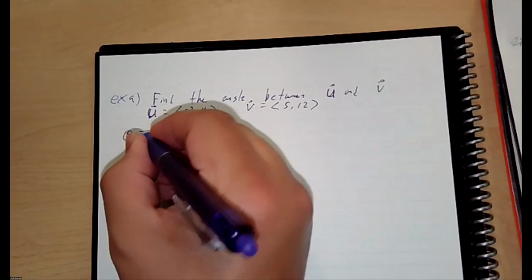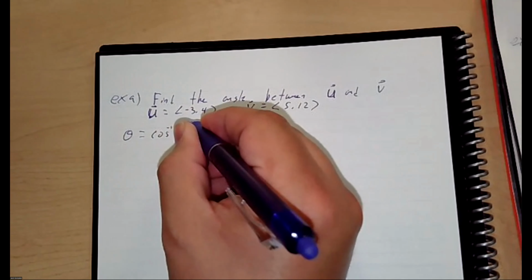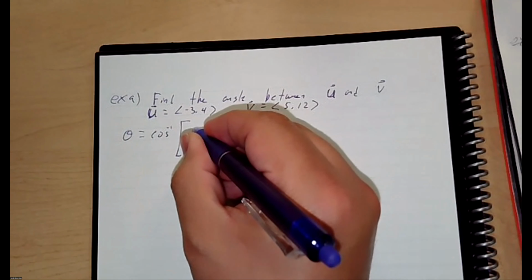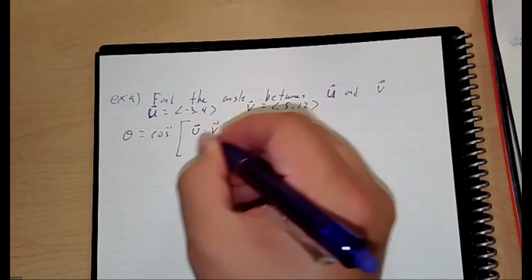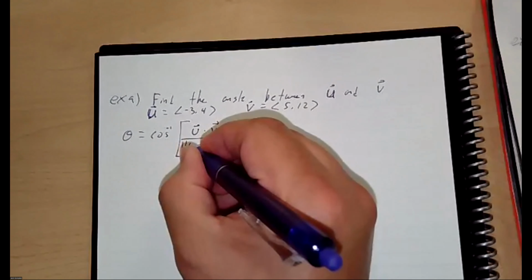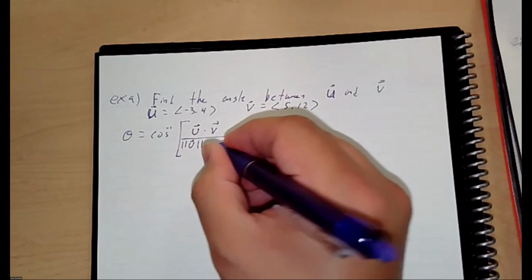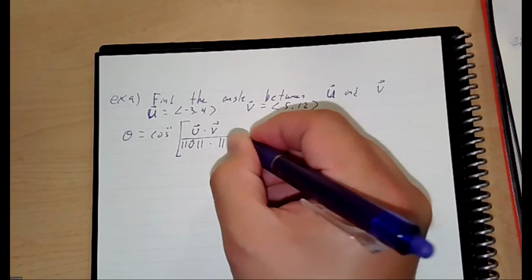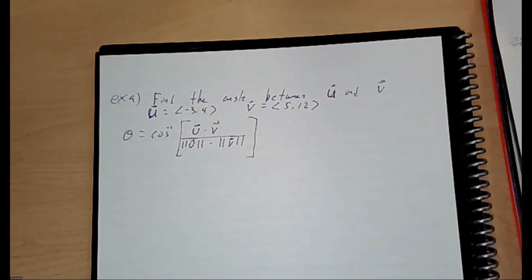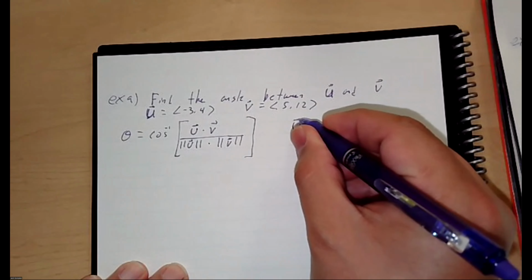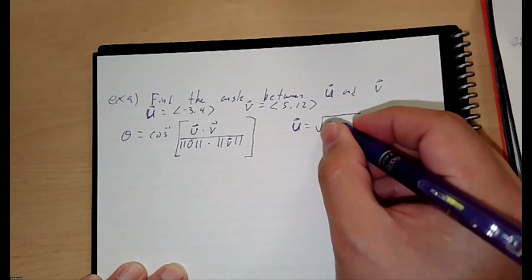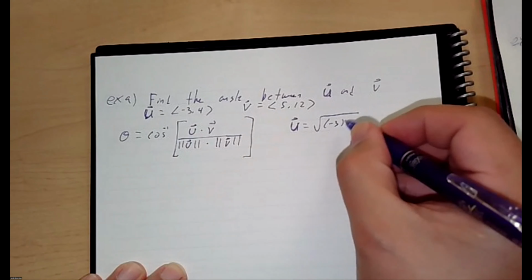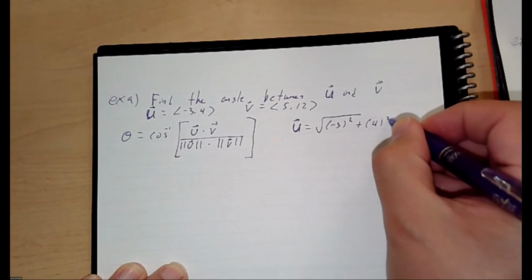As we wrote earlier, the formula is cosine inverse of u dot v divided by the magnitude of u times the magnitude of v. So I'm going to need those magnitudes first. The magnitude of u would be the square root of -3 squared plus 4 squared.